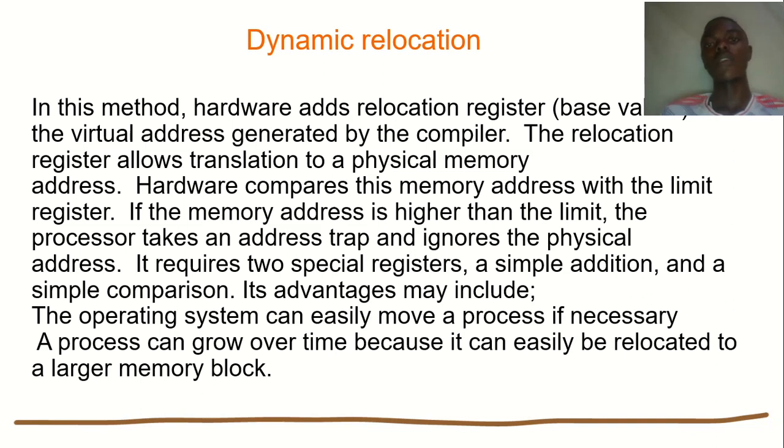If the memory address is higher than the limit, the processor takes an address trap and ignores the physical address. It requires two special registers, a simple addition and a simple comparison. Its advantages include that a process can grow over time because it can easily be relocated to a larger memory block.